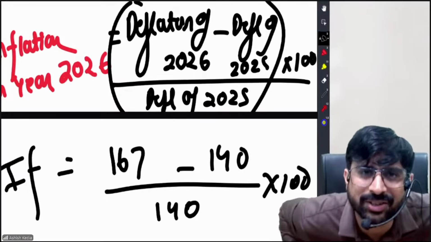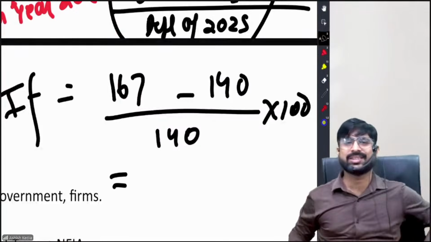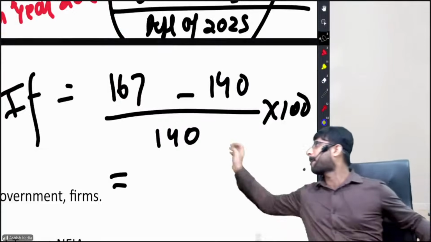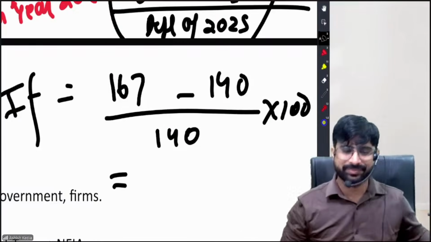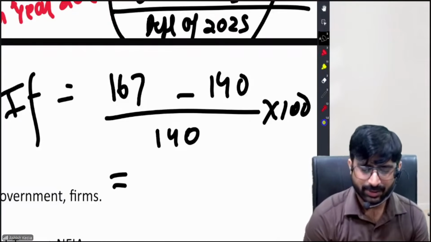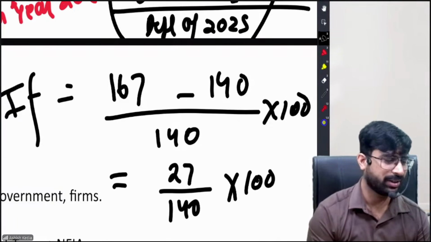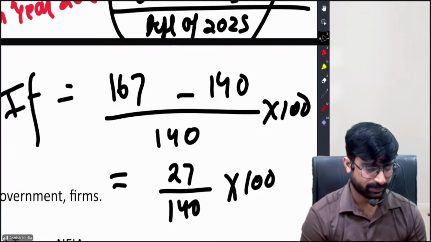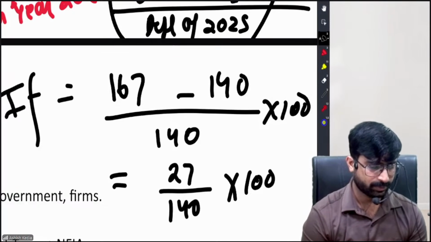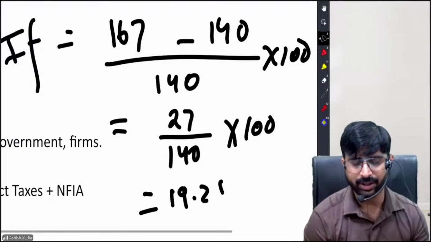Please tell me the computation, friends. So it's 27 by 140 into 100. Please do it, class. Yes, 19.28% inflation rate is what I arrived at.